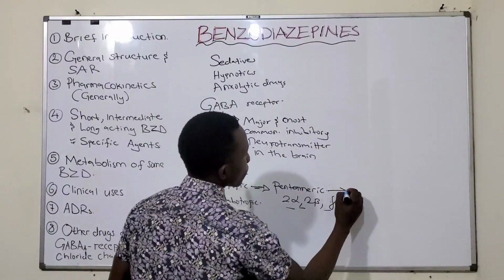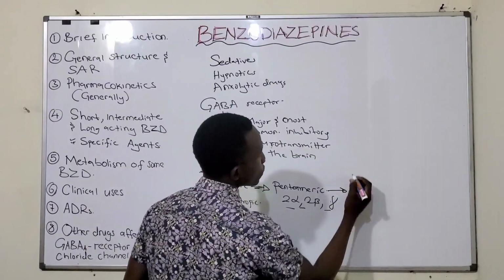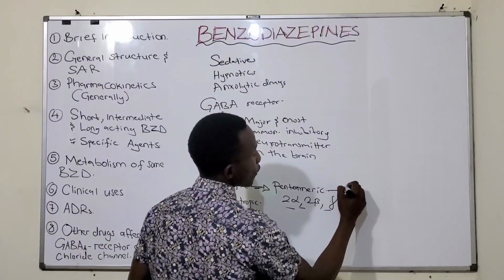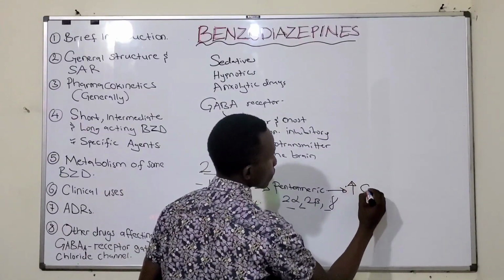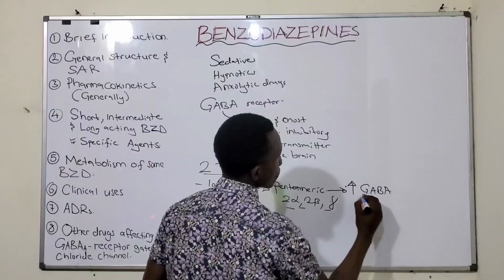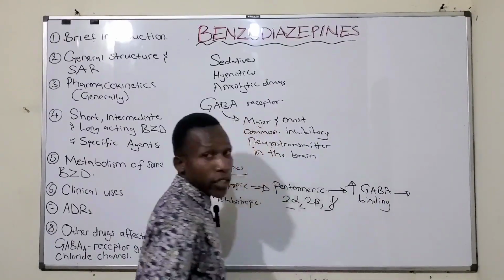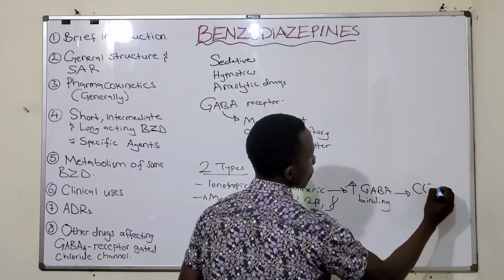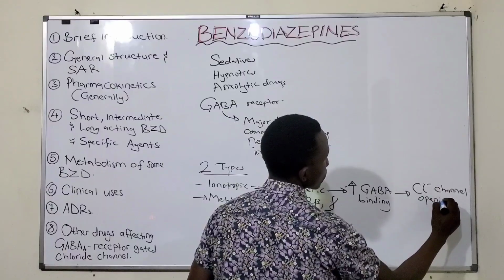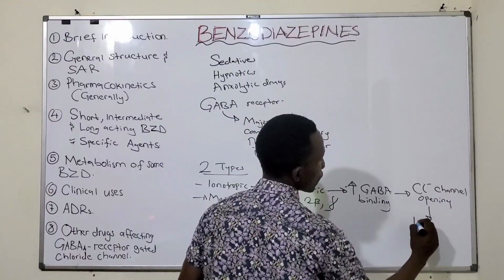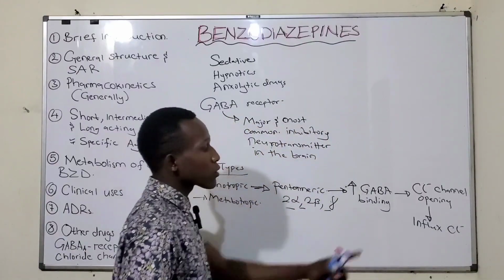When the benzodiazepines bind, they lead to an increase in affinity for GABA, or they increase GABA binding. This leads to the opening of the chloride channel, and we shall have influx of chloride.